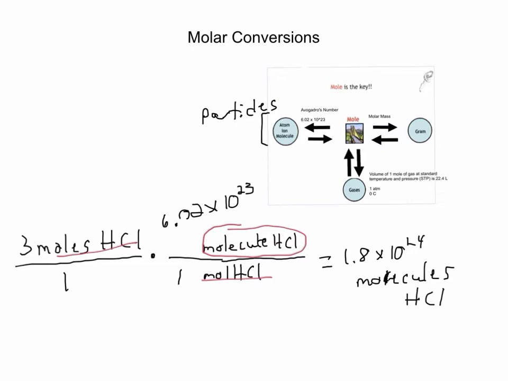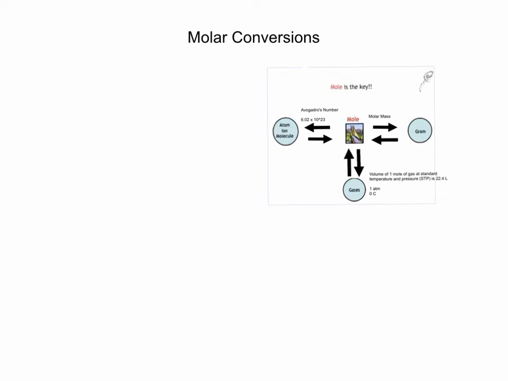Let's do one more. This time, let's do something with gases. In this case, let's go liters of gas to moles. So we'll start with 25 liters of, how about carbon dioxide?